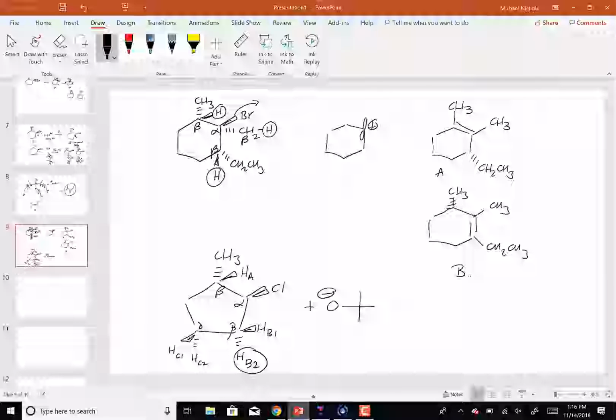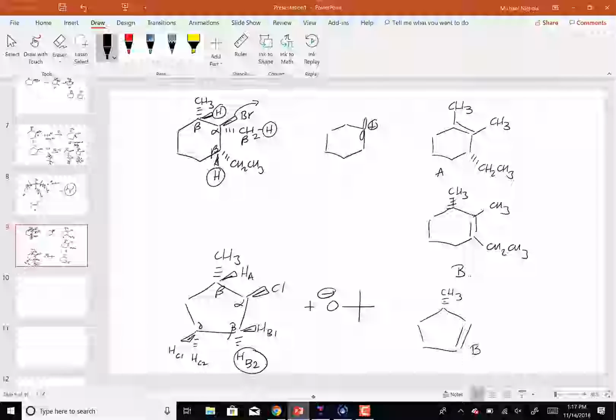It doesn't matter what the base is, as long as it's E2, that's the only hydrogen that can be removed. So the major product of this reaction, using either tert-butoxide or NH2 minus, is product B. That's the only product that can be formed in an E2 mechanism.